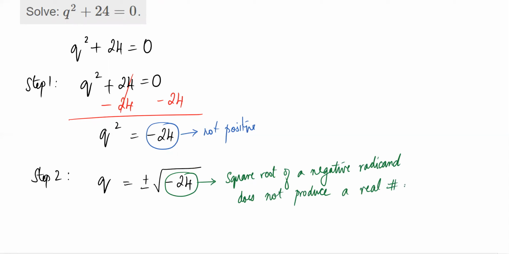Because any number times itself will always be a positive number. Even if you started with a negative number, a negative number times itself, the same negative number, will also give you a positive number. So there's no way you're going to find an answer that will give you a negative result here. Okay? So there is no real solution here.